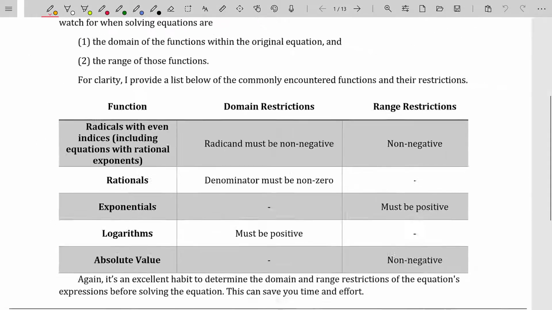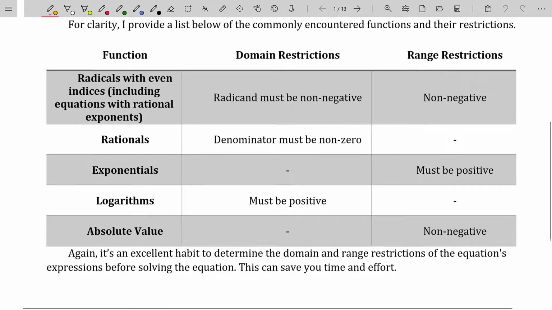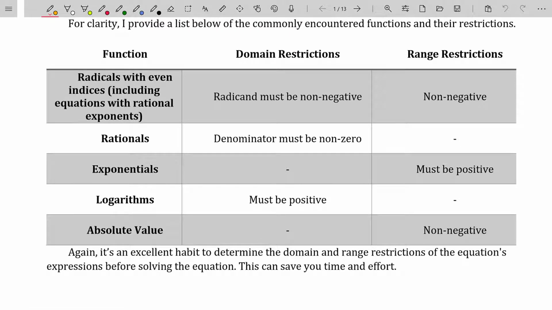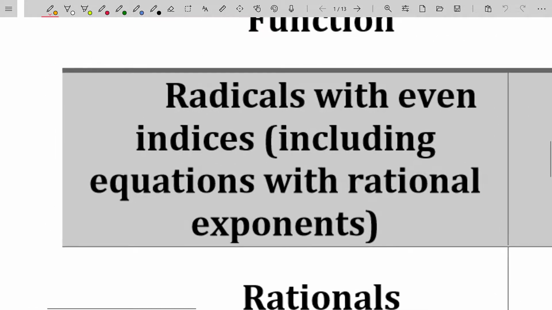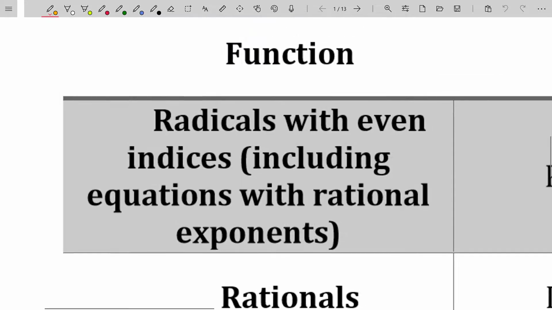Here's a list right here of the common functions that you would have encountered so far that have restrictions. For example, linear functions and cubic functions, those don't really have domain or range restrictions. However, radical functions with even indices, including equations with rational exponents, do have some restrictions.